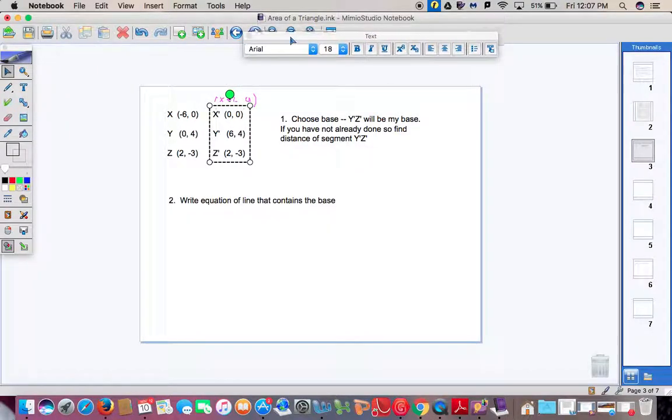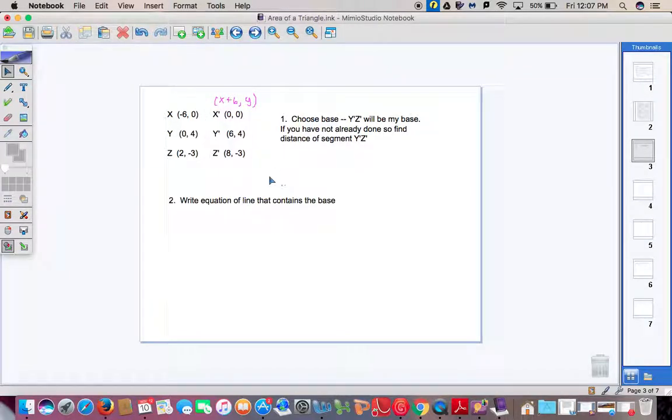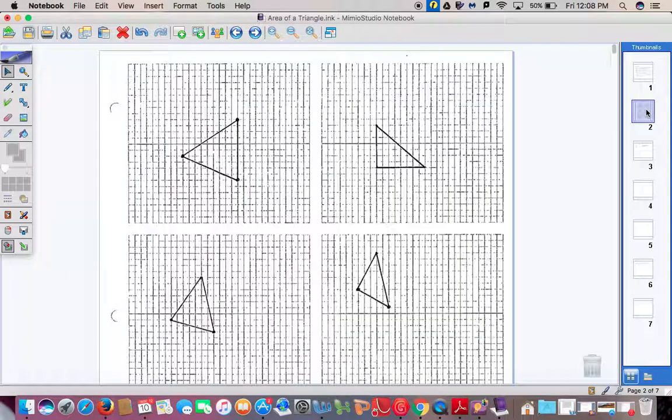And then for z, if I'm going to say 2 plus 6, that would be 8, -3. Okay, so my y values didn't change, just my x values, because I look at one particular point and say, what do I need to do to move x to the origin? Okay, so you pick which point you're going to move to the origin, and that's what you need to follow the same rule for every other ordered pair.